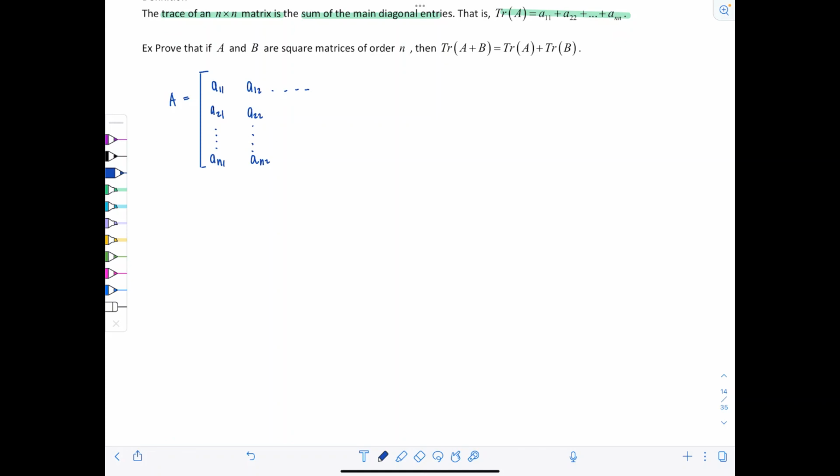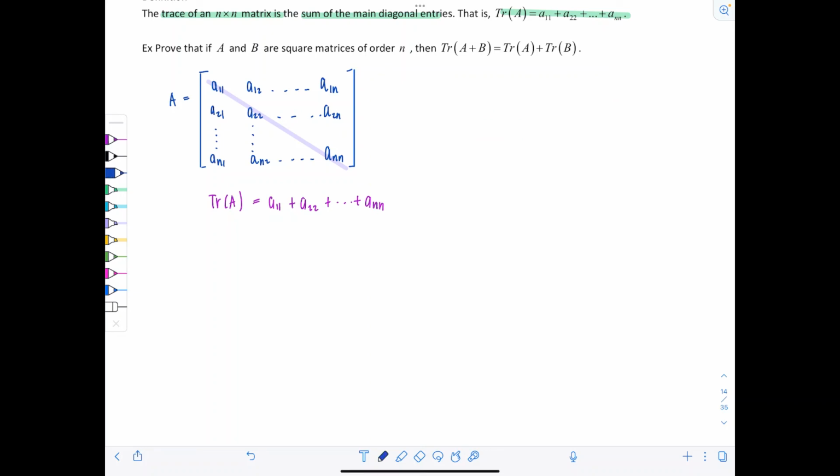And it's a square matrix, so this is going to be A1N, A2N, all the way to ANN. The trace of A, how would you find it? Remember, it's the sum of the diagonal entries. So these would be the diagonal entries. The trace of A would be A11 plus A22 all the way up to ANN. You just sum up those entries that lie on that diagonal line.